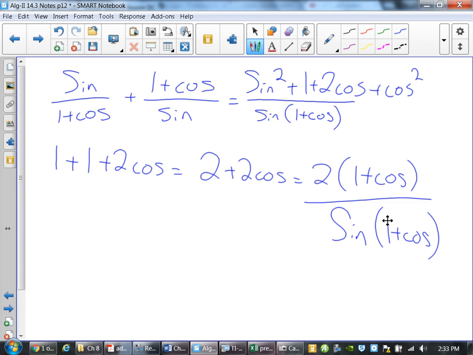I get 2 over sine, which is 2 cosecant. You can't simplify until they become terms.